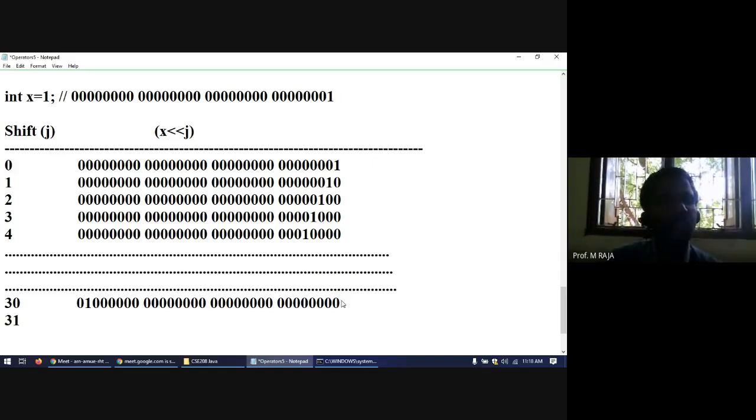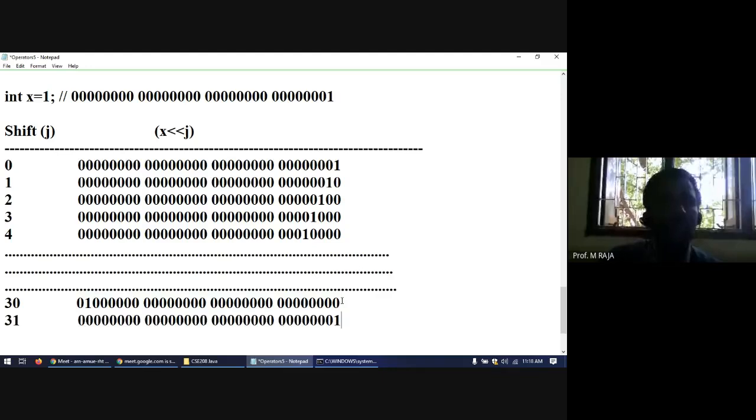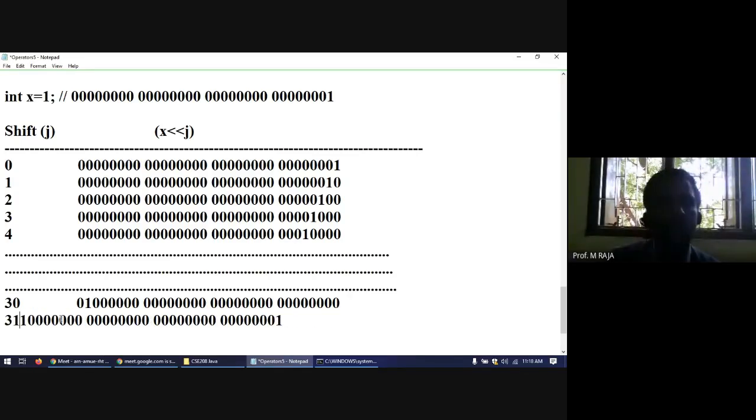Then carefully consider the 31st shift. In the 31st shift, what happens? The 32nd bit, the MSB, is set to 1 during the 31st shift. Okay. The last bit is 0.